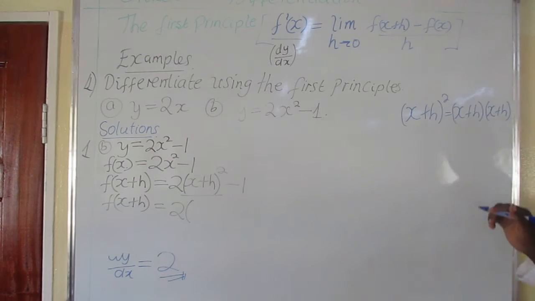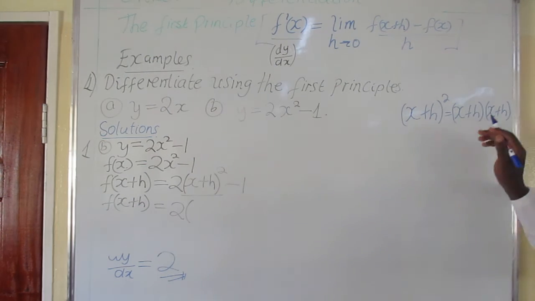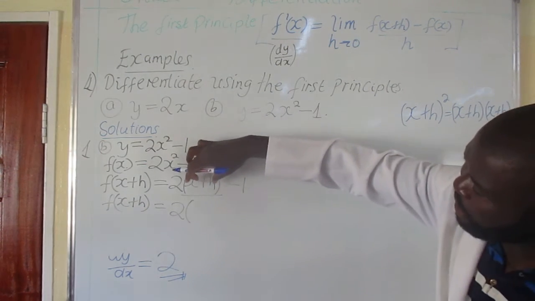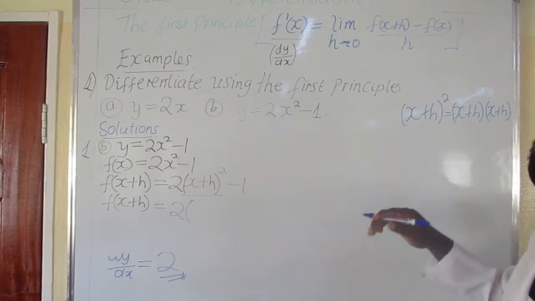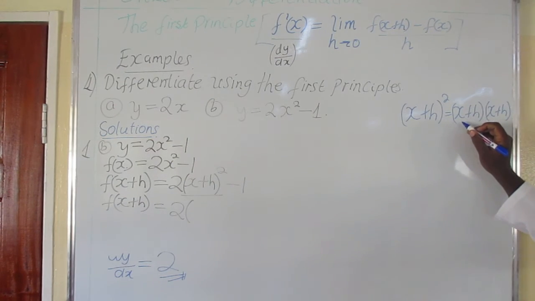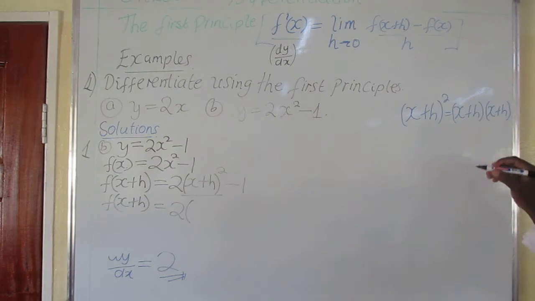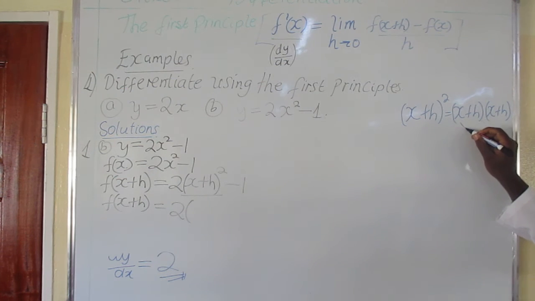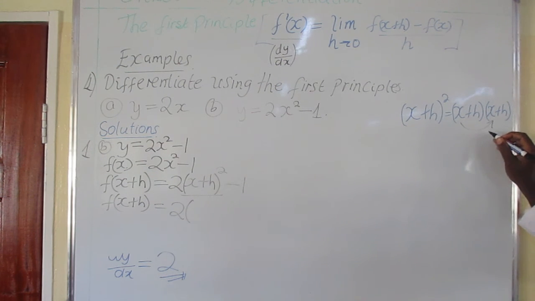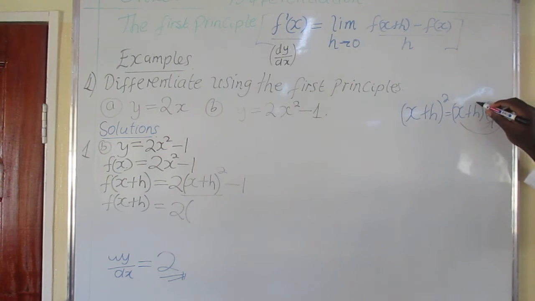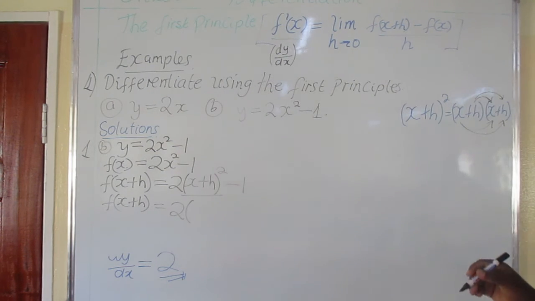We need to expand this so that we can put the expansion here. You know the rules of expansion. We multiply this by that, plus the same one by that, then we shall get to the other term multiplied by that.